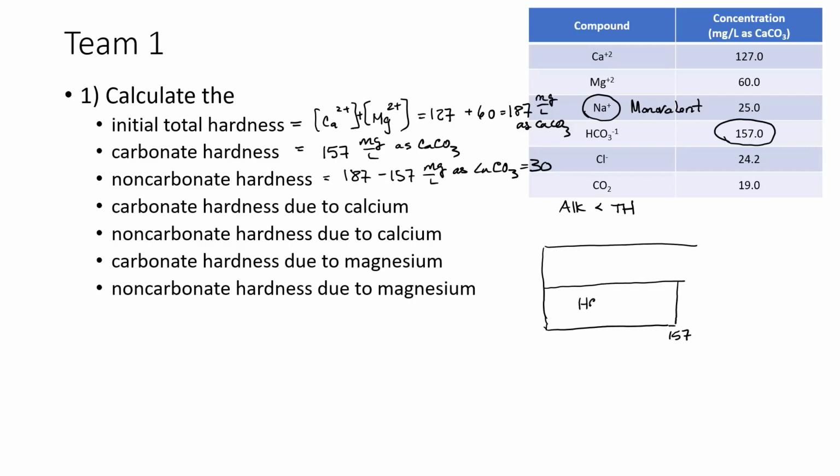So this is our bicarbonate concentration. The calcium concentration is 127. And the magnesium is 60.